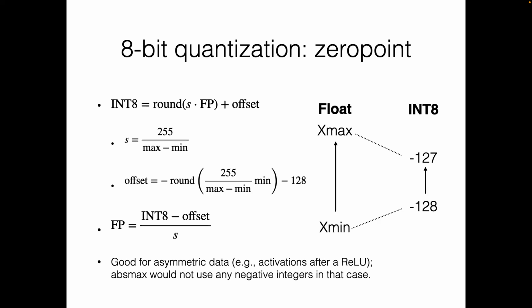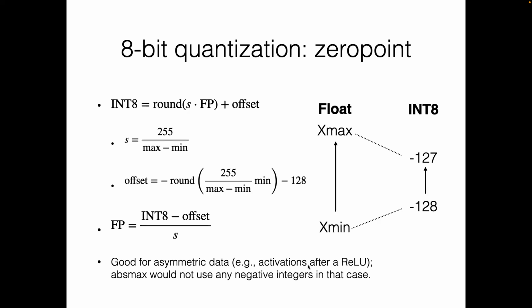Okay, and so the key difference here is that it's designed so that, again, you're taking advantage of the full range of int 8. In particular, this is really good for really asymmetric data. If you consider the activations after a ReLU operation, they're going to be non-negative.